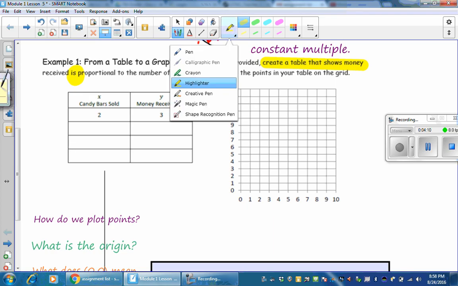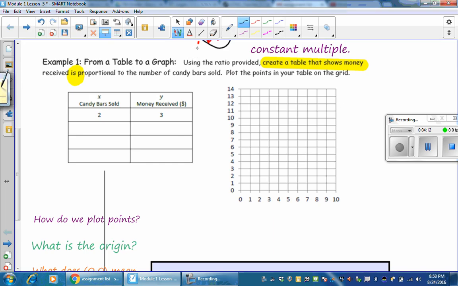So we're going to use the original information of a candy bar costing $1.50 each, and we know that because $3 divided by 2 candy bars equals 1.5, which is $1.50. So then let's say that you buy 4 candy bars, and they're $1.50 each. Well, 4 candy bars times $1.50 each. Go ahead and figure that out. And that will cost you $6.